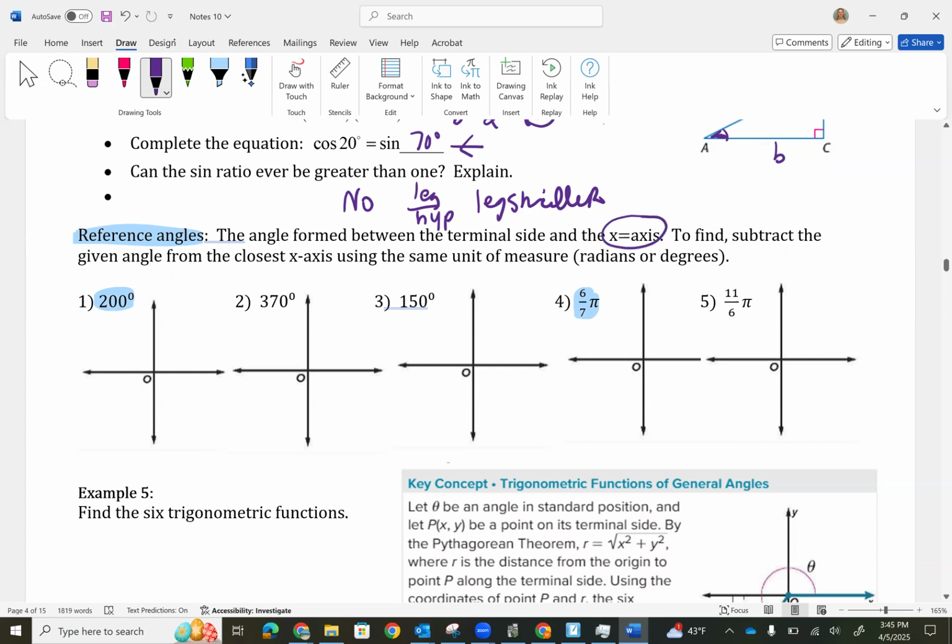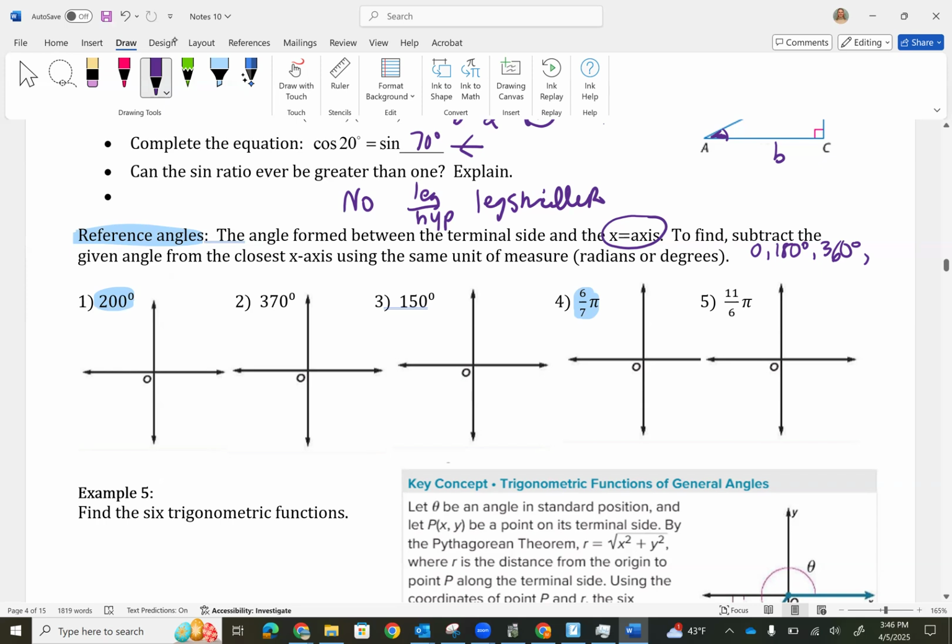And so you're going to subtract it from the closest x-axis. Some of the things you could do would be from 0, or you could do 180 degrees, or you could do 360. Or if it's past that, if we went around a couple times, 360 plus 180 gives us 540, so that's an option too.